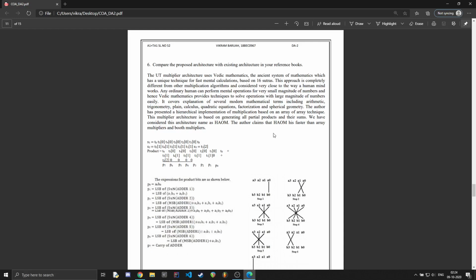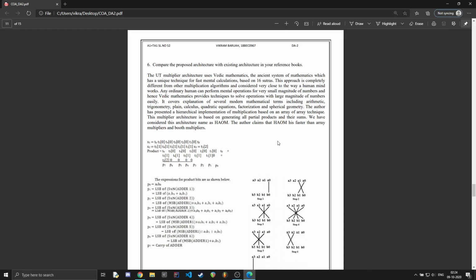So our algorithm basically uses Vedic maths to calculate and operate upon the values that are being chosen by us. So this approach is completely different from other multiplication algorithms and considered very close to the way that a human mind works.